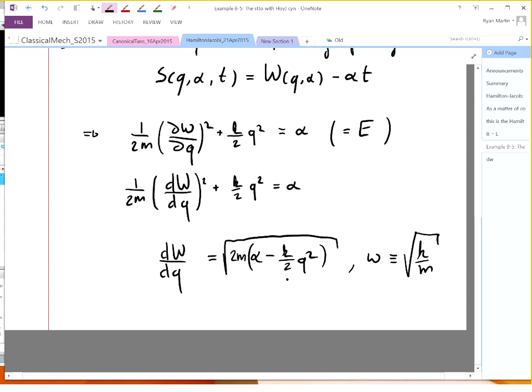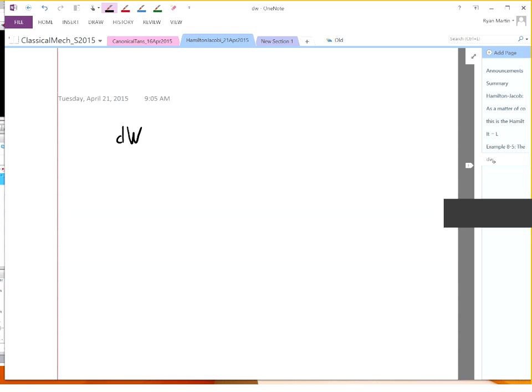And then what I'm going to do is move the dq to the other side and put an integral sign. Since I know the total derivative of dW by dq, it's easy to write that as an integral. So dW is now equal to the integral of the square root, where I've replaced the k's with omega.